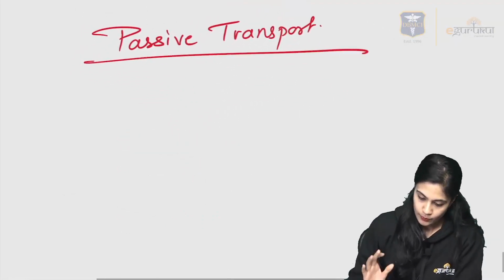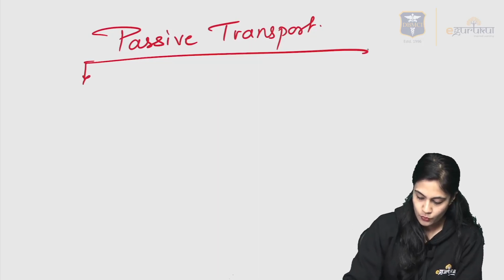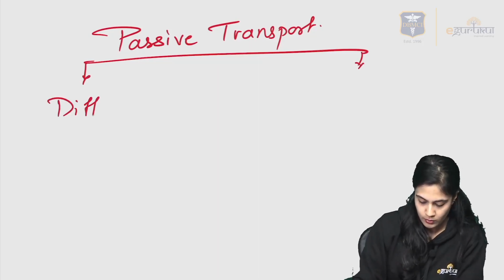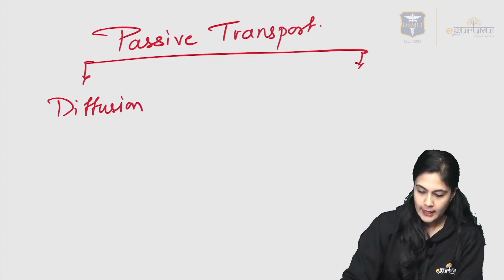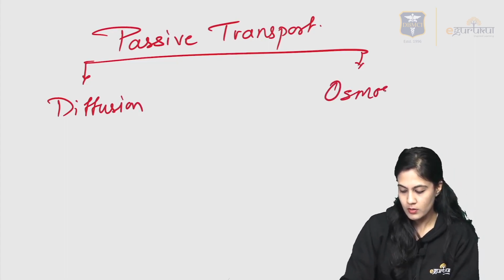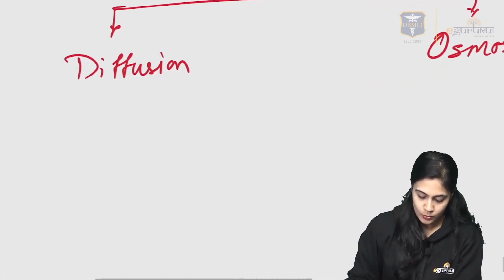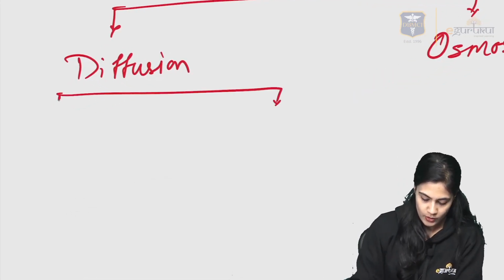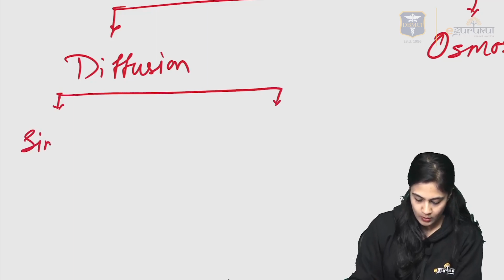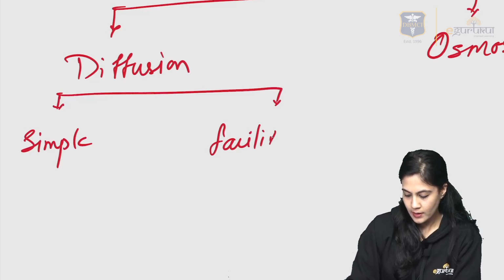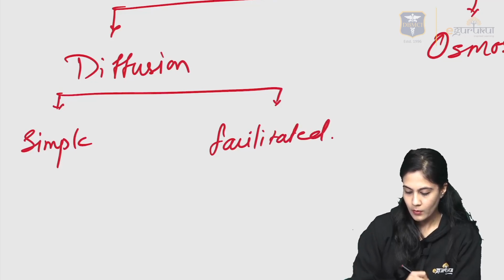Now we are moving towards passive transport. Again remember, passive transport is majorly of two types, that is diffusion and osmosis. Now coming to diffusion, diffusion is further subdivided into two types, that is simple and facilitated, right?